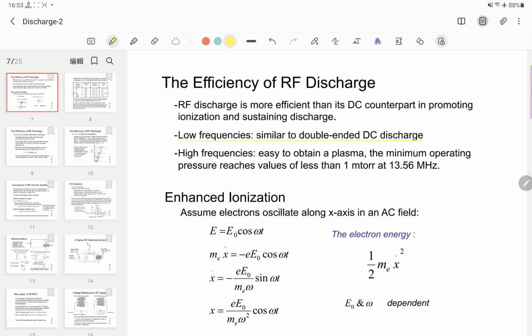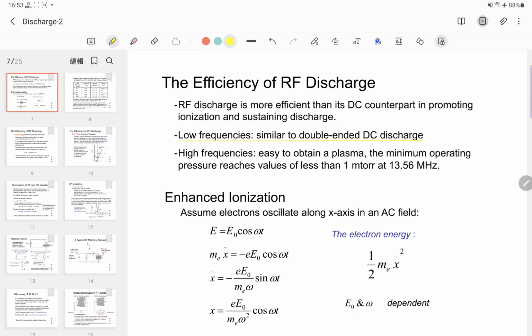So the first equation is the sinusoidal wave of the RF field, or the AC field. RF is the high frequency AC. Okay. So the electrical field E, in the first equation, equals E0 cosine omega t.